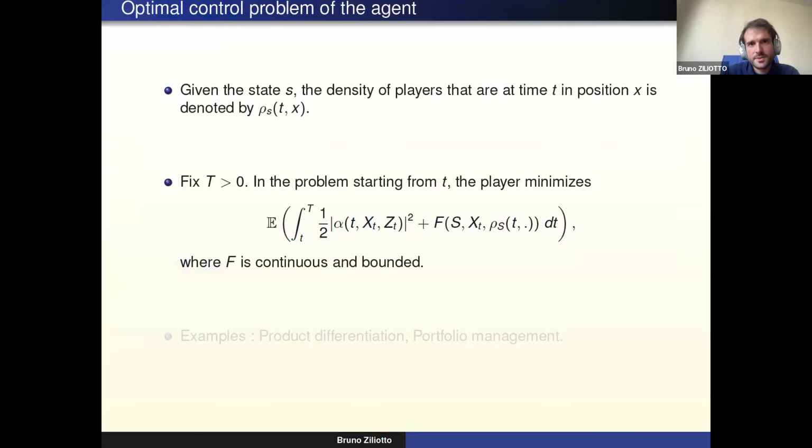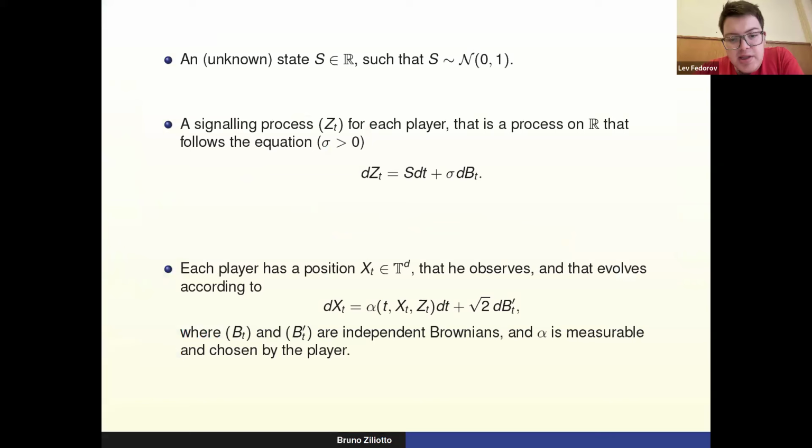So you mean the Brownian motions? As far as I understand, yes, you assume that these two are independent ones. And where is it important? That's a good question. Let me think.